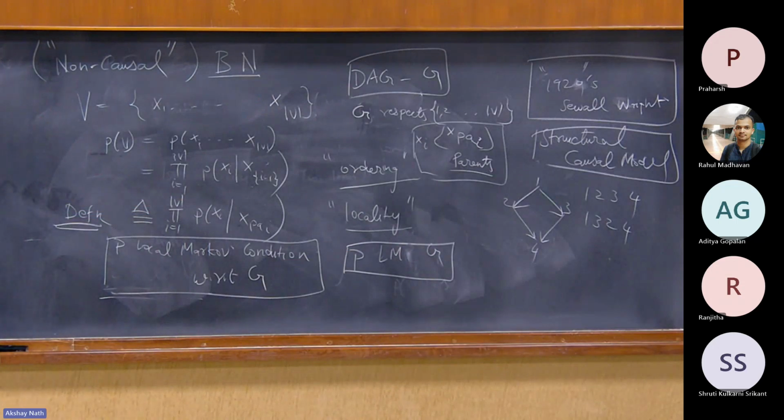All right. So the first simple implication is that if P is locally Markov with respect to G, then the following conditional independencies are true immediately, ab initio: x_i is conditionally independent of all non-descendants of x_i, conditioned on the parents.